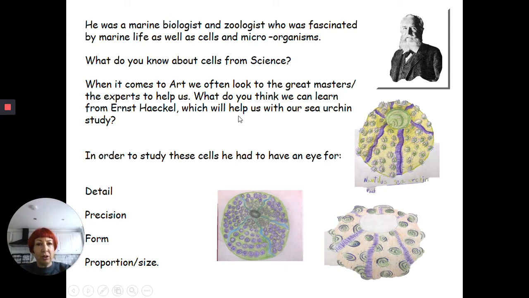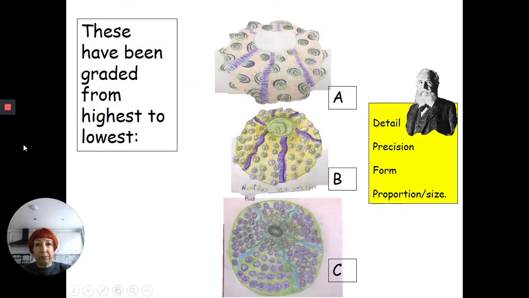And this is how we can learn from the great masters. We can have a look at what they did really well and incorporate some of these elements within our own work. Now, I have graded the pieces that you saw on the previous page from highest to lowest using the skills which we have taken from Ernst Haeckel in order to support me with my gradings.